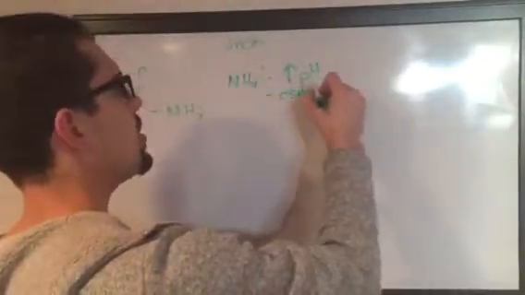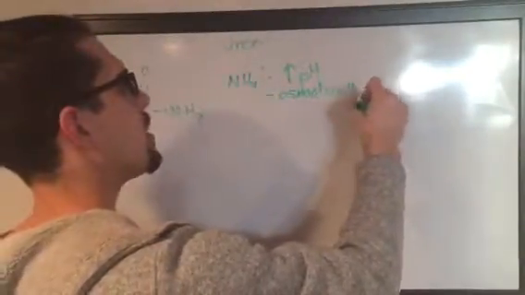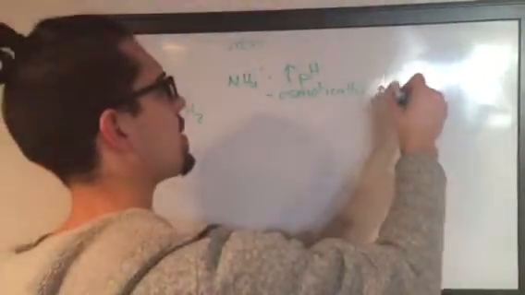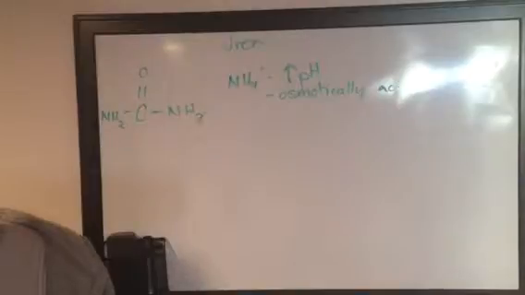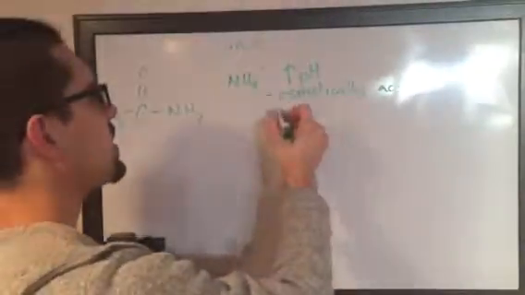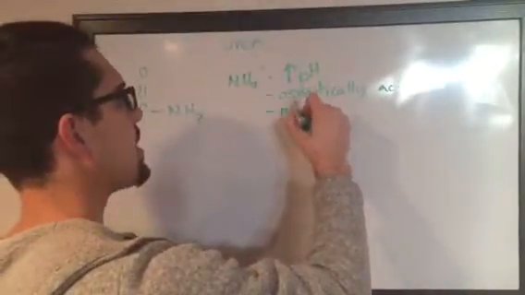That means it makes it more basic. It's osmotically active due to that charged group. That charged group is going to pull water into the bloodstream based on how much ammonium there is in the bloodstream. It can be oxidized into nitrate and then into nitrite.